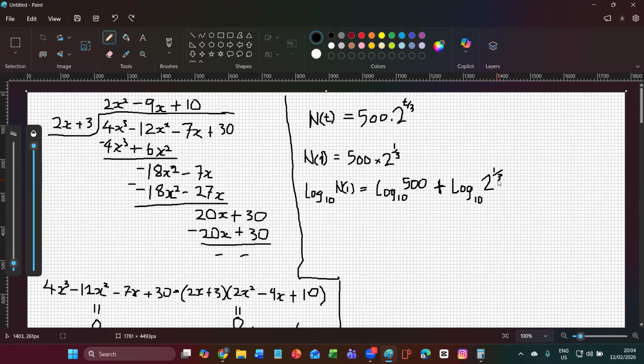I'm sure you can see that the 1 over 3 will come to the front here, so that you have log of 500. Maybe I should even start putting in the value.